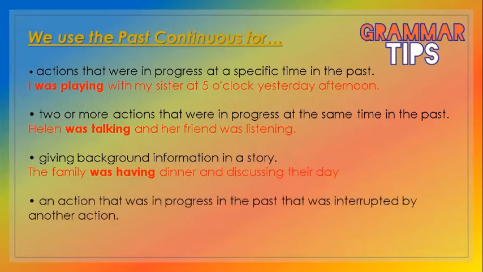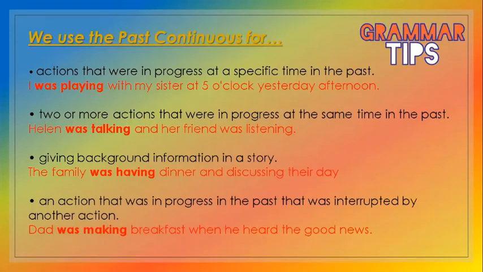Then if we have an action that was in progress in the past and this action is interrupted by another action, we use past continuous. Look at the example: Dad was making breakfast when he heard the good news.